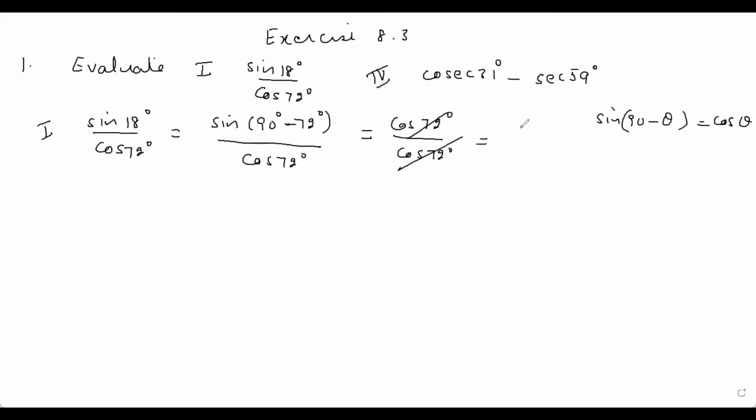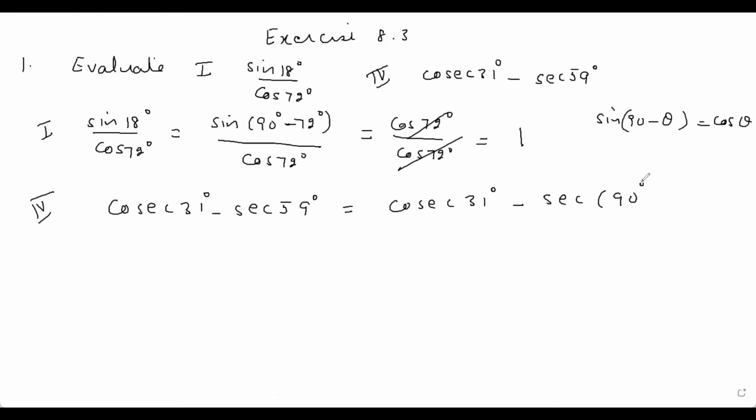Cancel, we get 1. Now the fourth part is cosec 31 degree minus sec 59 degree. So I am going to change this 59 degree. Instead of 59, write 90 degree minus 31 degree, because if you subtract 31 from 90, you get 59.